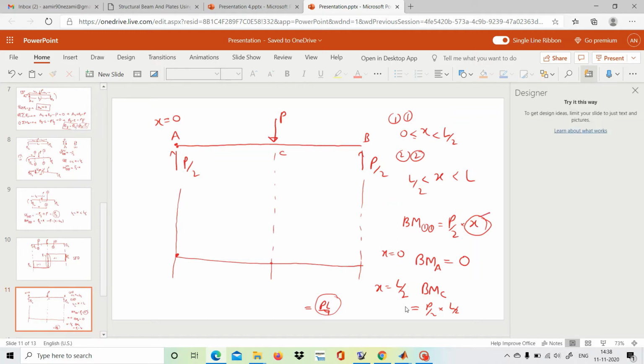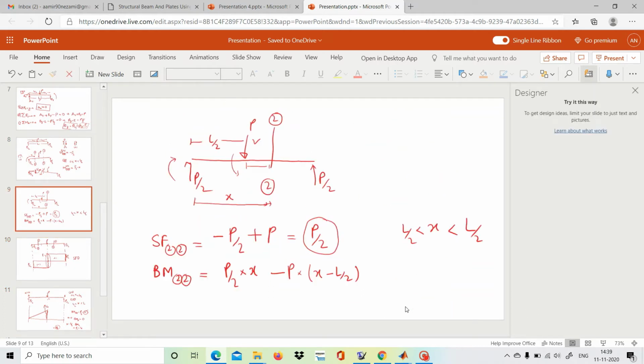So linear variation. At X equals to 0, it is 0, and at X equals to L by 2, the magnitude is PL by 4. And similarly, we will find for the section 2-2.